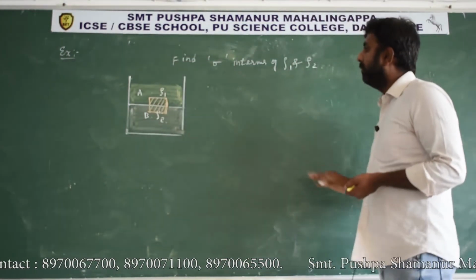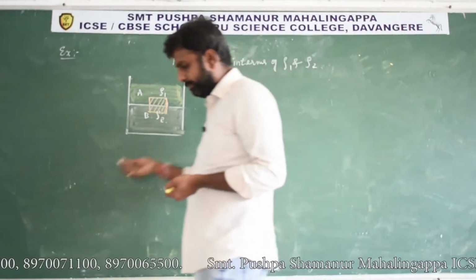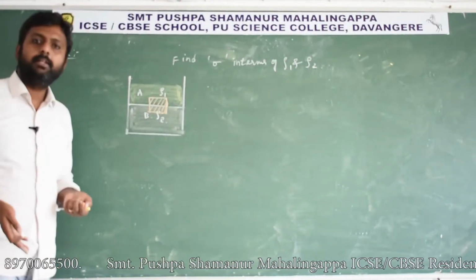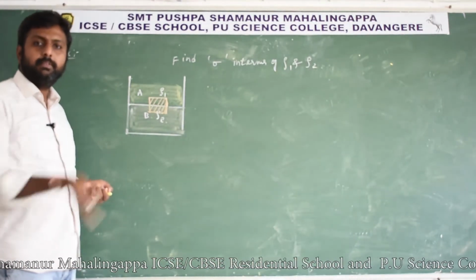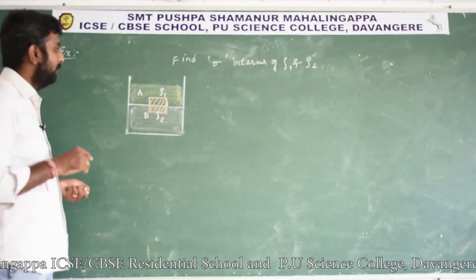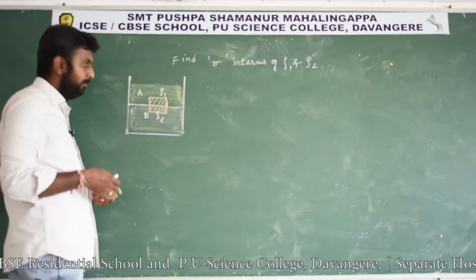You know that when the object is inside the liquid, definitely a force of buoyancy will act. That force of buoyancy will act in upward direction. Here two different liquids are there.